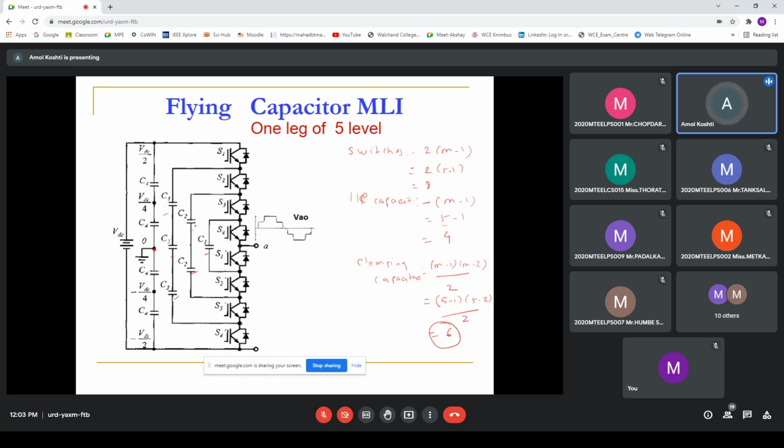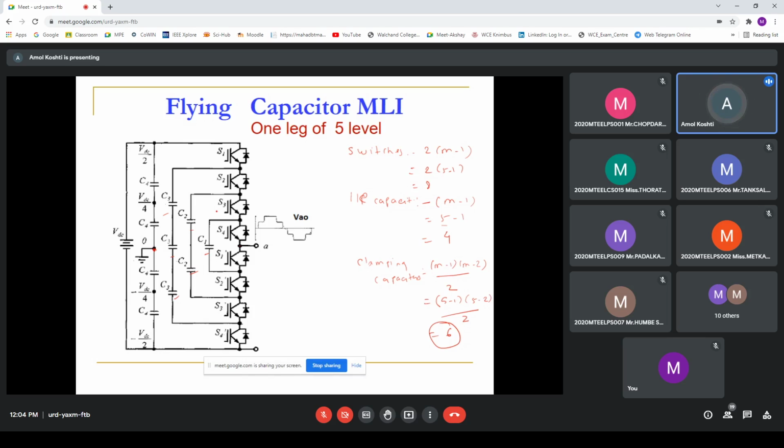Because of this storing nature of the capacitors in the circuitry, the controlling becomes complicated, or we need to develop additional protection circuitry in the case of a flying capacitor inverter as compared to the diode clamp. In a diode, there is no storing nature.